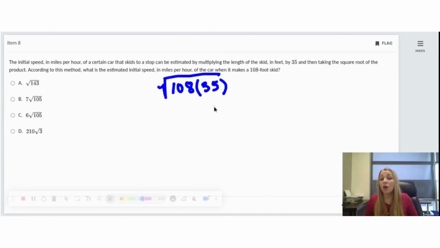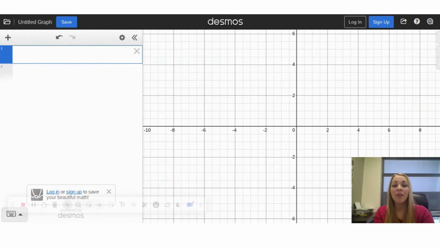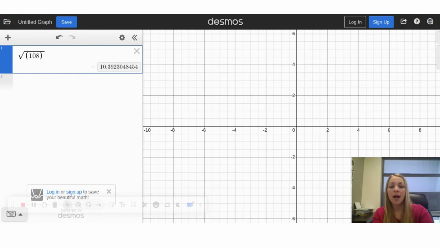Now, I might not know how to simplify radicals or want to take the time to do that, so I'm going to go to Desmos to help find which one of these answers matches. I'm going to type what I had on the previous slide. That's the square root. The shortcut for that is SQRT of 108 times 35. And I want to look at my answer choices to see which ones give me this value, this 61.48 number.